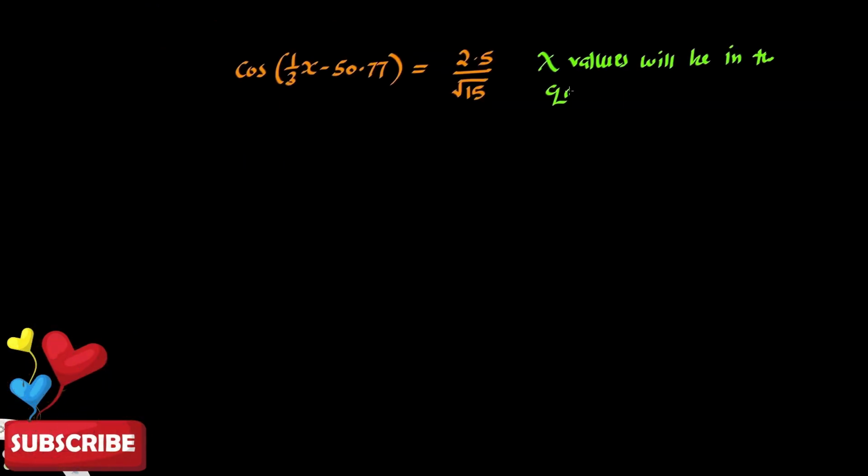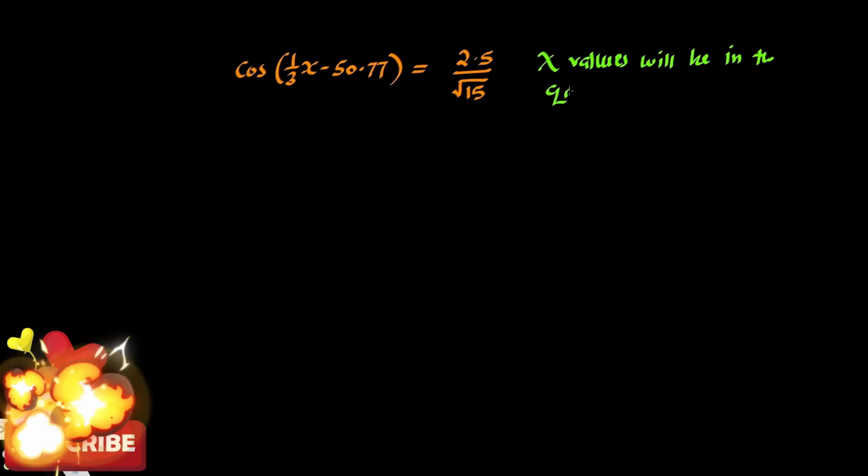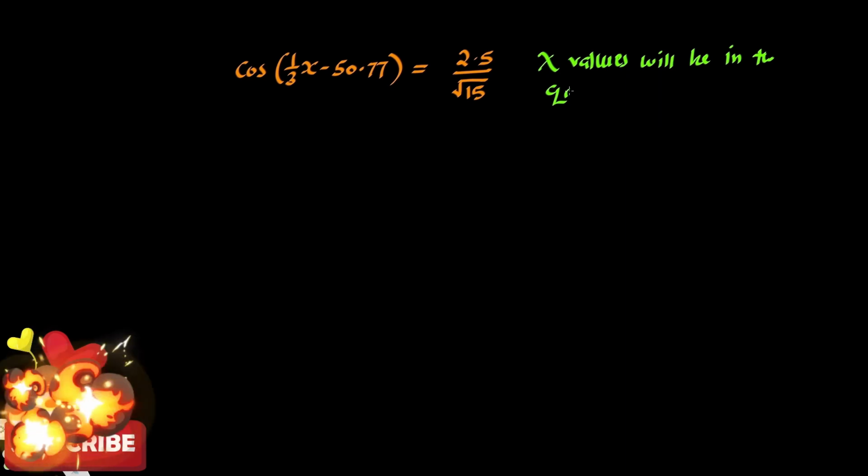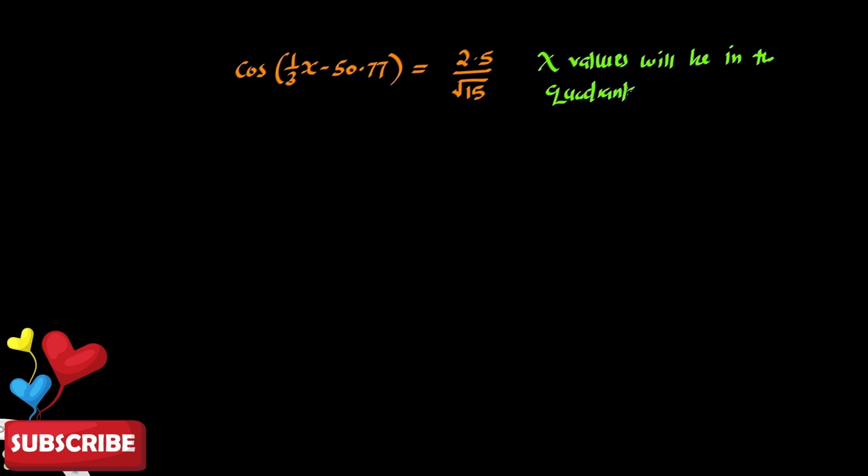Now, another solution is going to be from the fourth quadrant, and we say that if that angle is measured towards the negative direction, it will be negative 49.80. So x values will be in the quadrants where cos is positive.